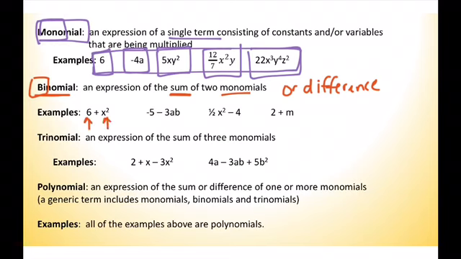Since I'm adding them together, that's a binomial. Negative 5 minus 3ab. So I'm adding a negative there, so it's a sum of 2 monomials. There's a monomial, monomial, I'm adding or subtracting, so this is a binomial. If I said, what kind of expression is this, we would say that that's a binomial.